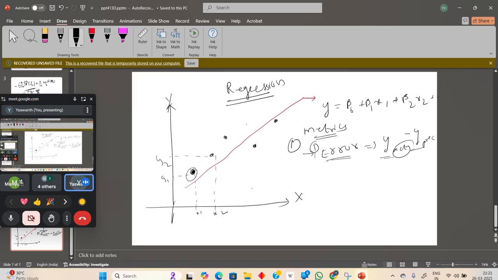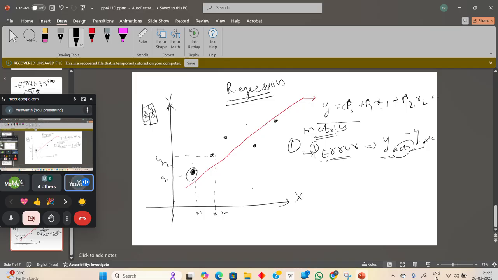This is my actual point according to the data set. But my model, when I used machine learning, I found all the betas, all the coefficients, the y-intercept, and then I used my x values and replaced them. This is the best fit line I got.